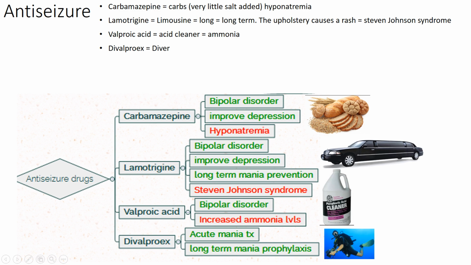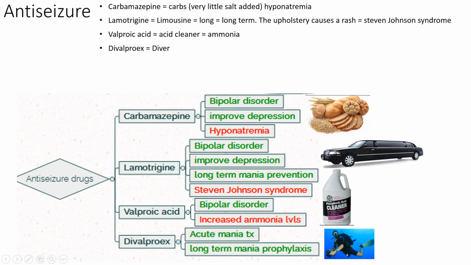Now we're talking about anti-seizure medications, particularly, in this case, they're not being used for seizures, they're being used for mood stabilizers like bipolar disorder. So here are the ones we like to use: carbamazepine, lamotrigine, valproic acid, and divalproex, okay?